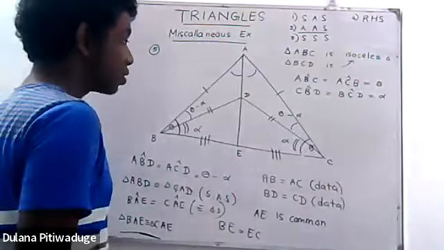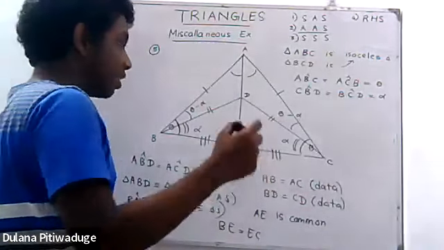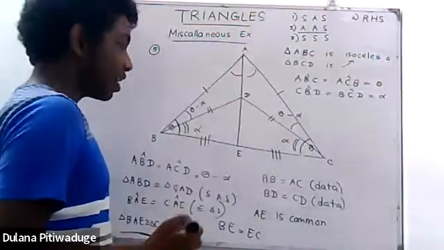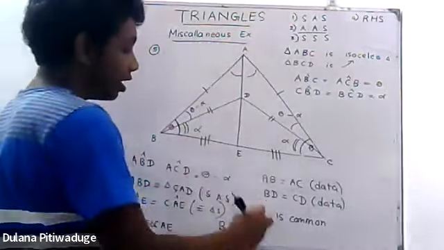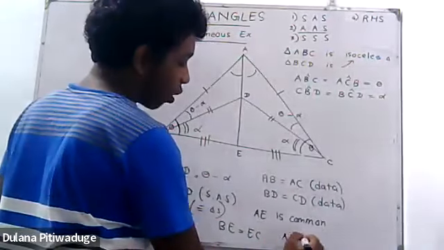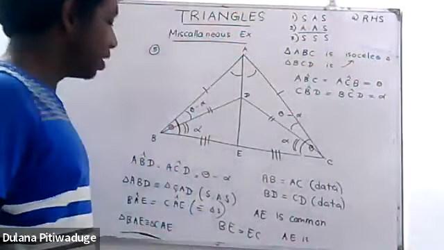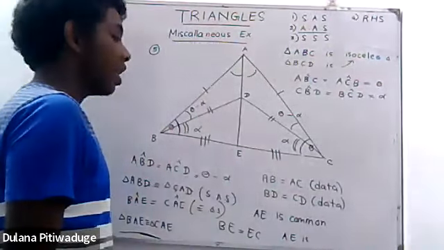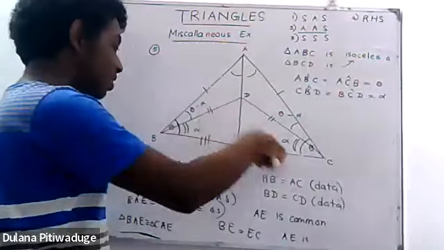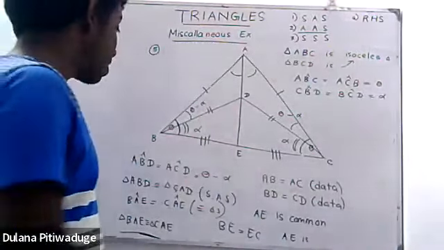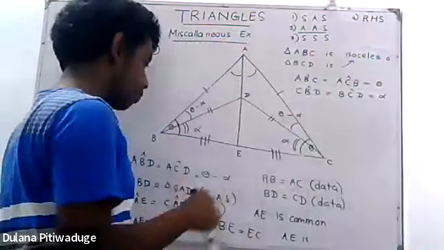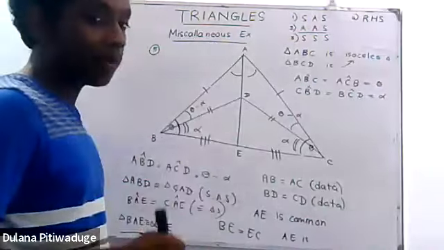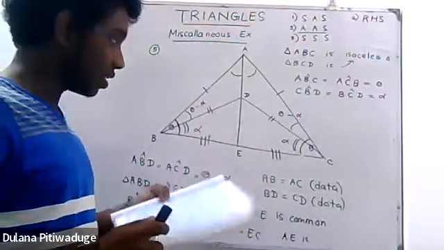So BE equals EC, which means this line over here bisects BC and also bisects the angle BAC, as these two are equal. Therefore, AE is definitely the perpendicular bisector of BC.